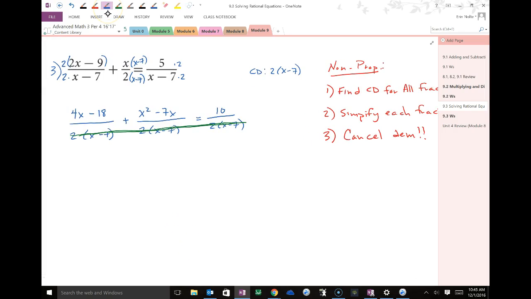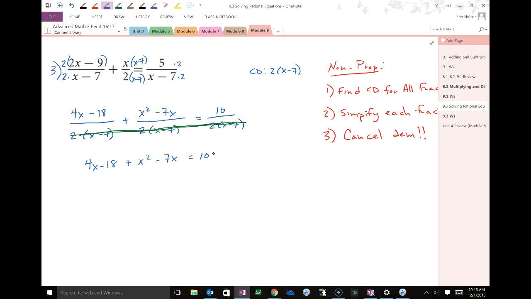Okay, so now what we have is 4x minus 18 plus x squared minus 7x, and that's going to be equal to 10. By the way, I noticed in the last class, they had some where there was a subtraction sign in the middle.